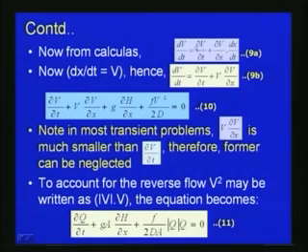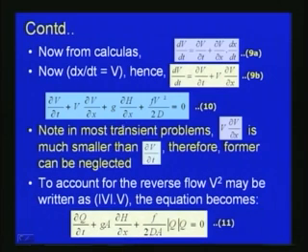Now, from calculus we can write this dv by dt, which is the acceleration, is equal to del v by del t plus del v by del x into dx by dt, since dx by dt is equal to the velocity v. So, we can write dv by dt is equal to del v by del t plus v into del v by del x, as in equation number 9b. Finally, we can write the dynamic equation as del v by del t plus v into del v by del x plus g into del h by del x plus f v square by 2d is equal to 0, as in equation number 10.